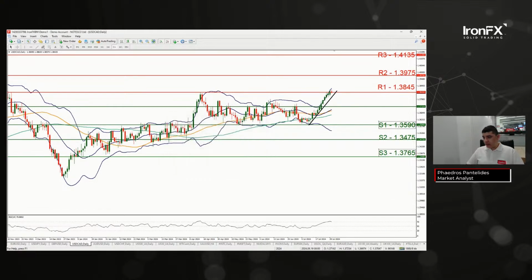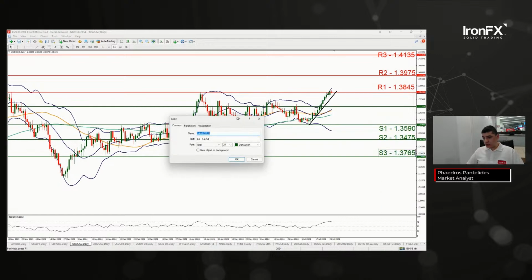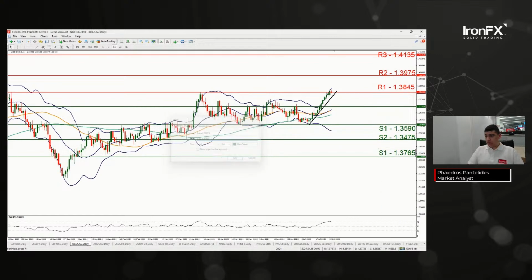Some of you might be asking, well, why don't I keep it here? I think there is more support at this level rather than here. This might be a bit too close to the current price action, so we're giving it some room essentially to breathe. So this becomes S1. That is 1.3765.